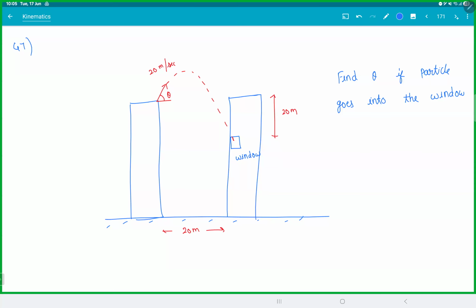I clearly gave you the window coordinates. Remember, the point of projection is always the origin.